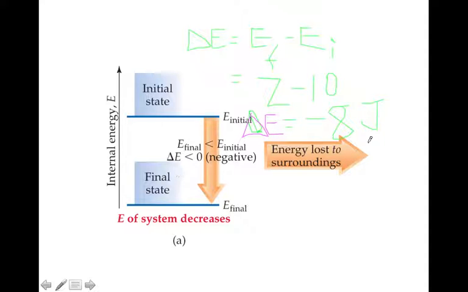Therefore delta E is negative, which means that it's losing energy. That energy has to go somewhere, and this is going to be an example of, as we'll talk about in a little bit, an exothermic process. So think exo, think that you're getting rid of it, you're releasing it.